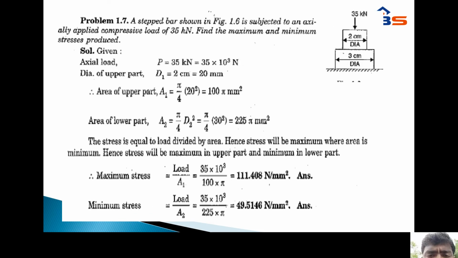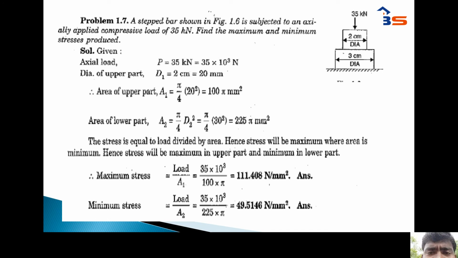Next, this is problem number 2. A stepped bar as shown in the figure. This is an important problem. A stepped bar as shown in the figure is subjected to an axially applied compressive load of 35 kilonewtons. Find the maximum and minimum stresses produced.